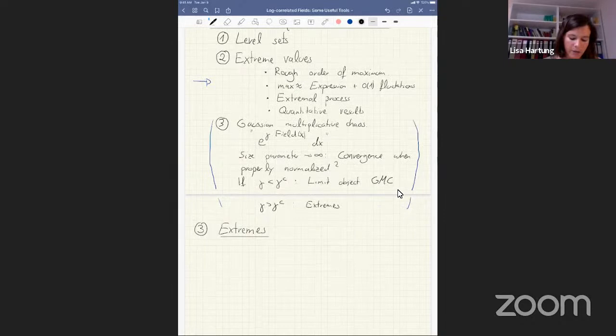And so what we will do, we will look at the binary branching random walk with Gaussian increments and n levels.